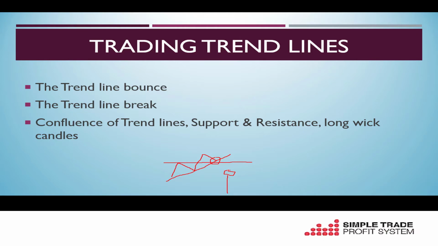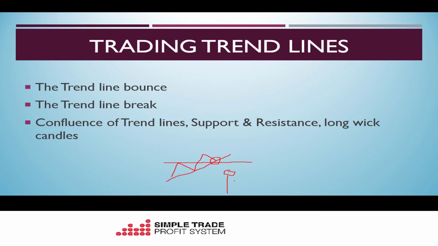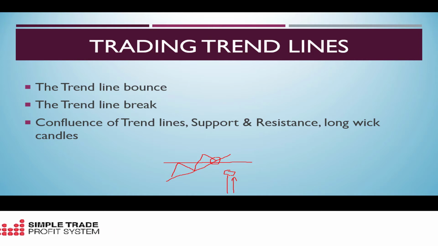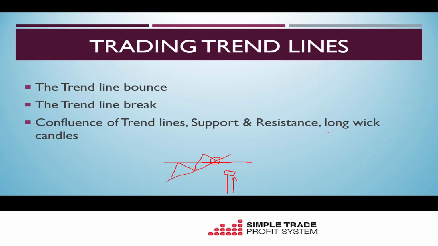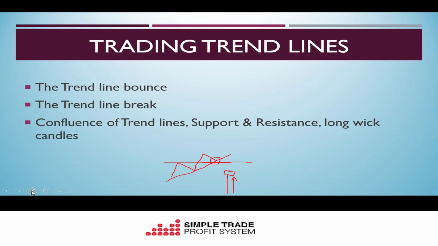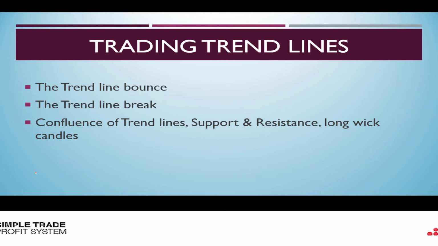These are basically like three little signals you have. You have the trend line bounce, you have support in this area, and you got strong rejection from buyers coming in and pushing price up, like I talked about in that first video, and making your candle have a long wick on it. So confluence of these three things is another strategy, another technique you can use in your trading.